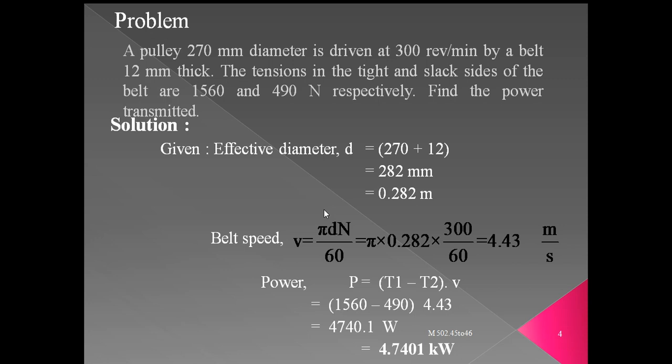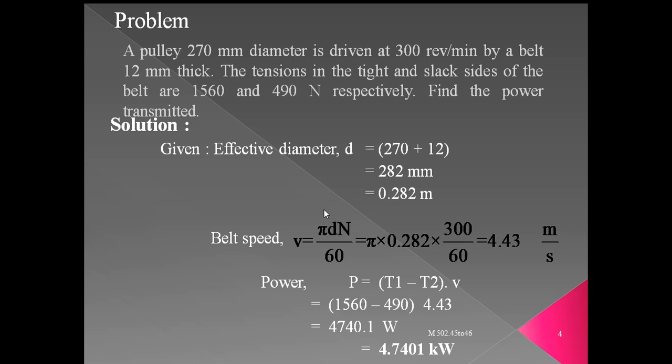To find the power transmission, we have belt tensions and we also need the velocity. Power is equal to the tangential force acting on the pulley into velocity.